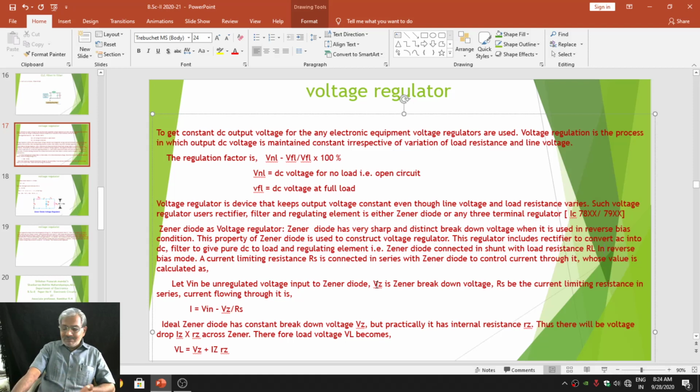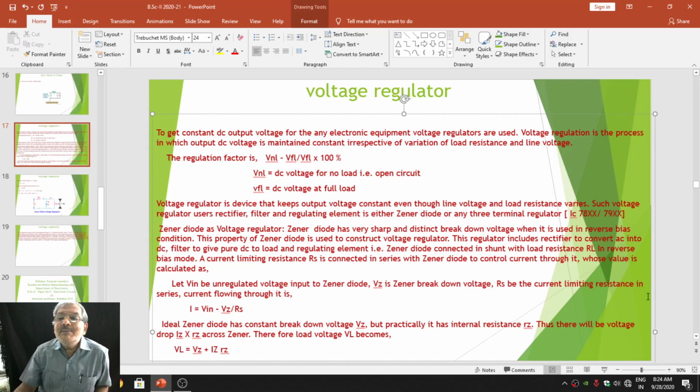They are available from 3.2 volt to a maximum of 24 volt. That means 3 volt to 24 volt constant regulated power supplies are possible to design using the Zener diode. Let that breakdown voltage be represented by Vz.